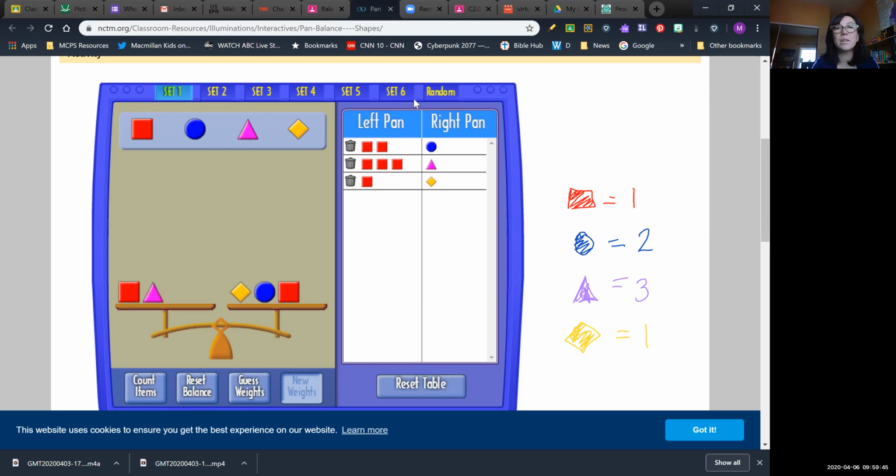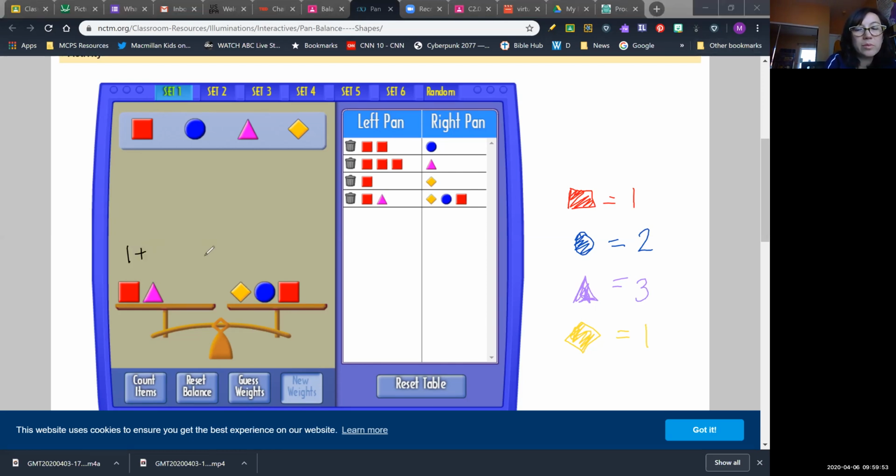Yep. Because 1 plus 3 equals 1 plus 2 plus 1. We can make any combination we want, but all we really needed was to know the value of each shape. So now that we know that, we can guess the weights, see if we're right.